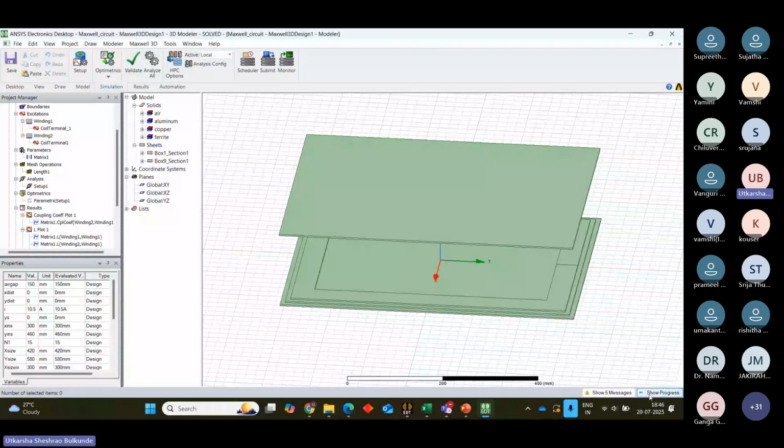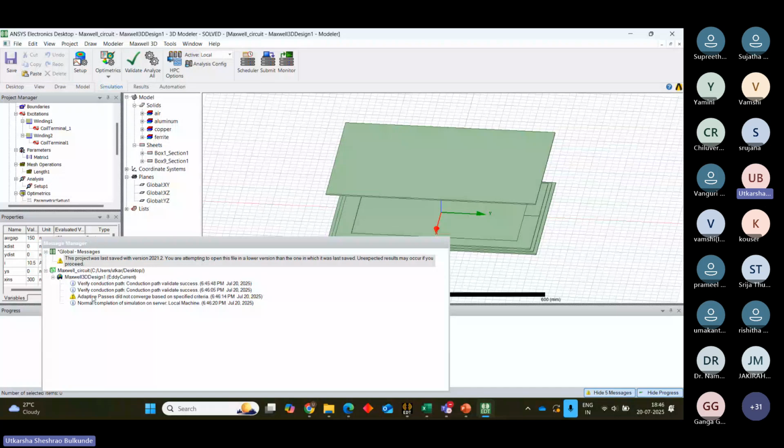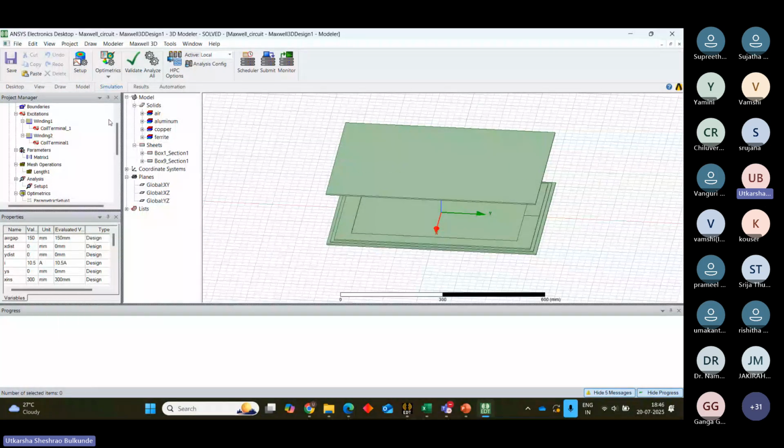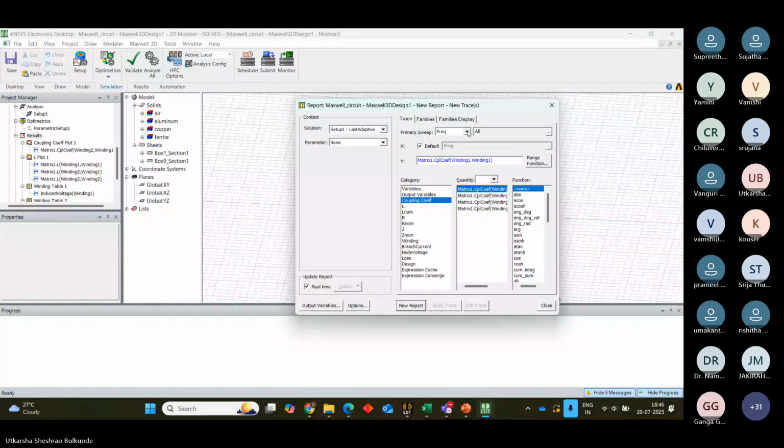Let's see the progress. Okay, I think simulation is completed. Then we go to our results, eddy current, then data table, and we will see inductance.